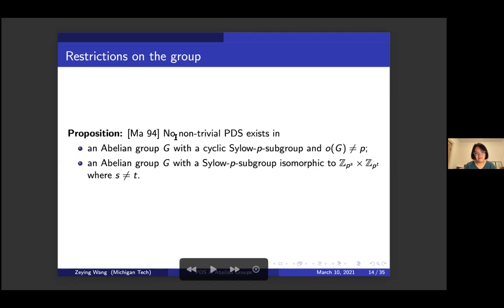If you have an abelian group G with a cyclic Sylow p-subgroup, and the order of G is not p, then you cannot have a non-trivial PDS. Another forbidden case is an abelian group with a Sylow p-subgroup isomorphic to Z_p^s by Z_p^t, where s is not equal to t.